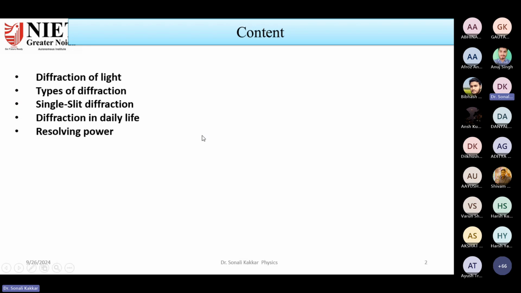Okay, so what is diffraction of light? What is interference of light? Superposition of two waves, coherent waves, from two different coherent sources of light.